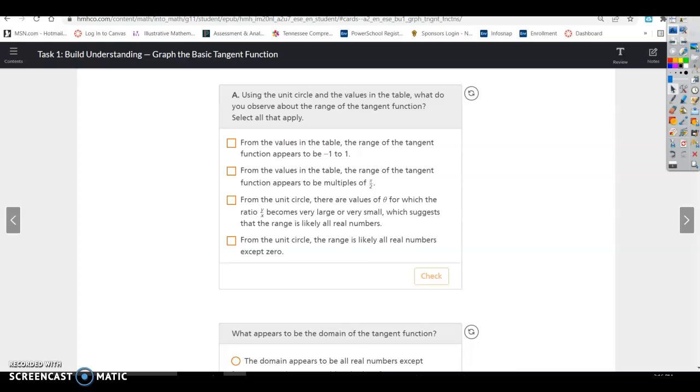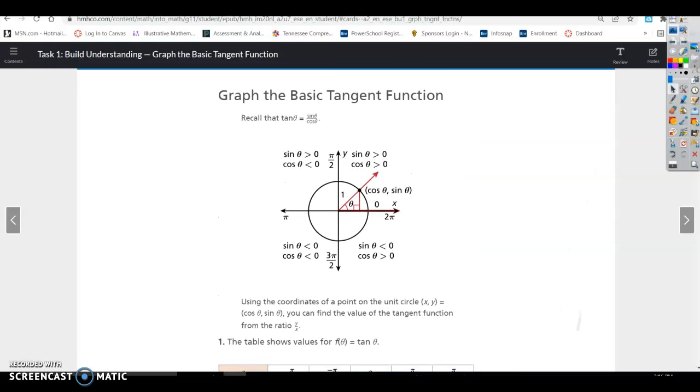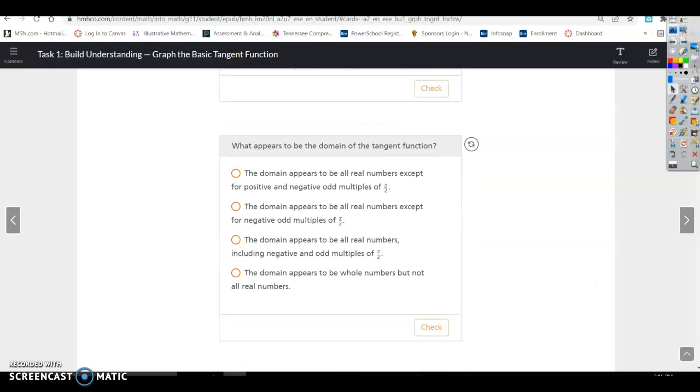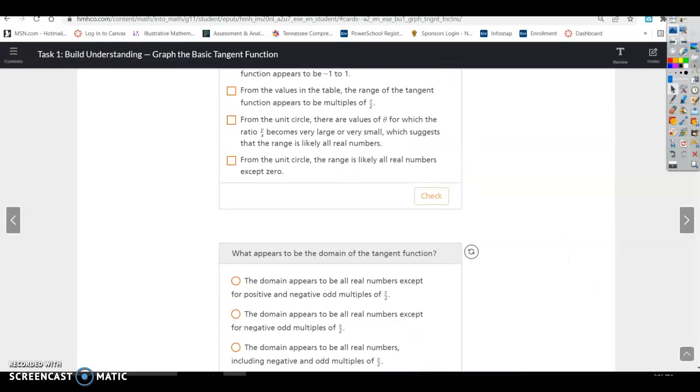Let's look at the choices. From the values in the table, the range of the tangent function appears to be negative 1 to 1. All right, so it does appear to be negative 1 to 1 because, where's the table? Here we go. It has a couple undefined, but in between that, it does go from negative 1 to 1.